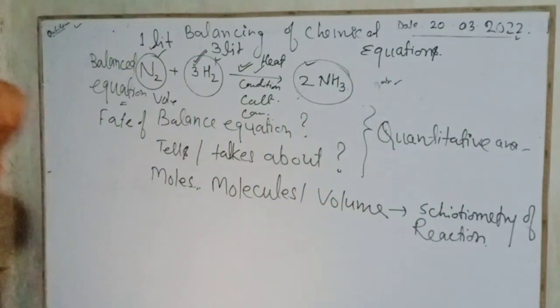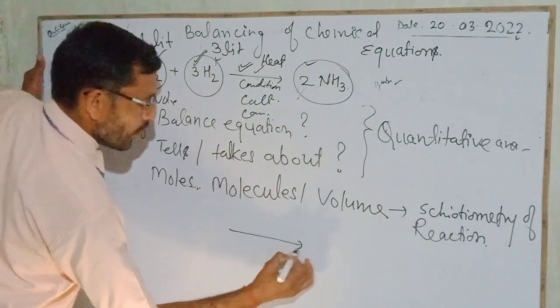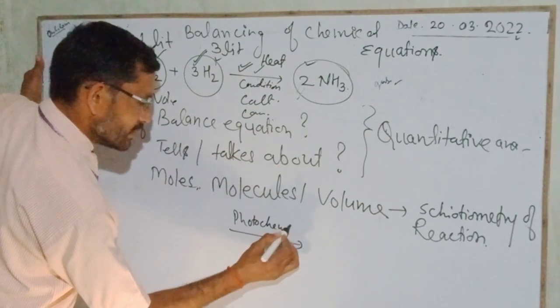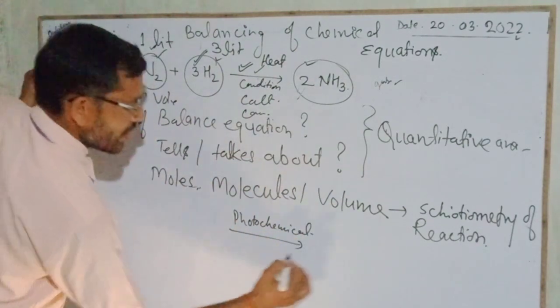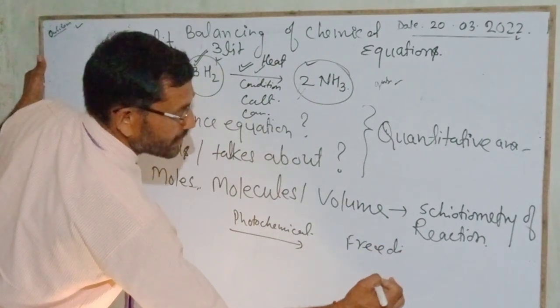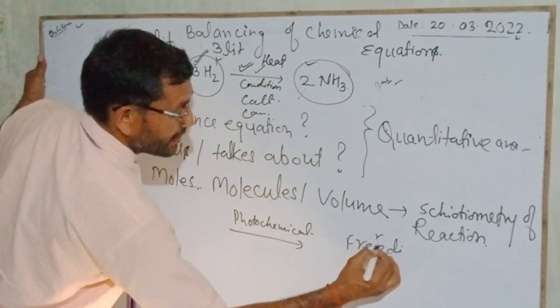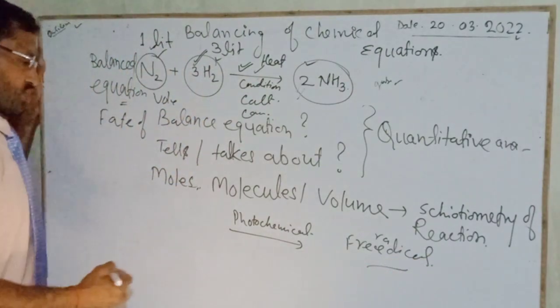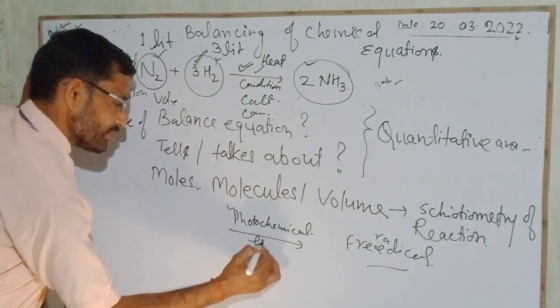So sometimes you have a photochemical reaction somewhere, and it gives rise to free radicals in organic chemistry. Free radicals. So a photochemical reaction takes place in the presence of photolight.